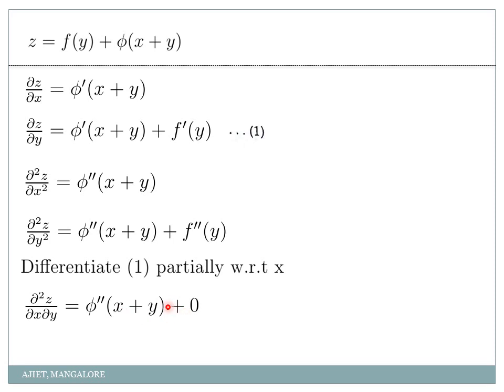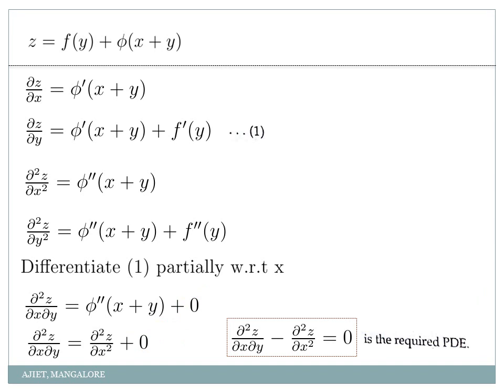Now can I think of something? Yes. What is phi double dash of x plus y? That is simply dou square z by dou x square. So I can write dou square z by dou x dou y is equal to, in place of phi double dash of x plus y, dou square z by dou x square plus 0. Or that is simply dou square z by dou x dou y minus dou square z by dou x square is equal to 0. That's it.